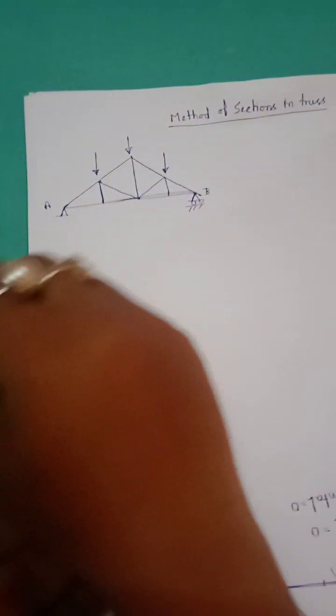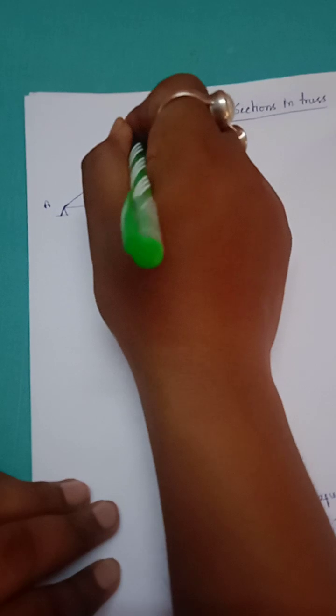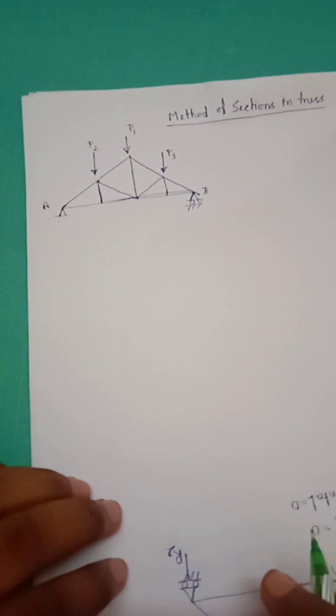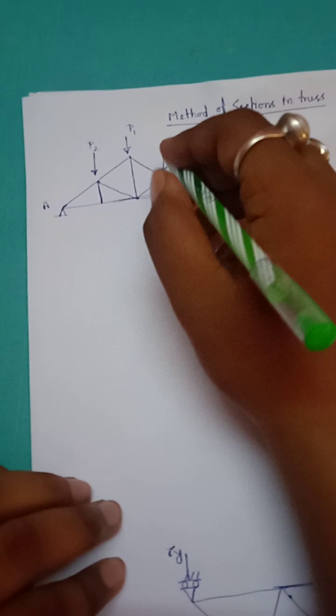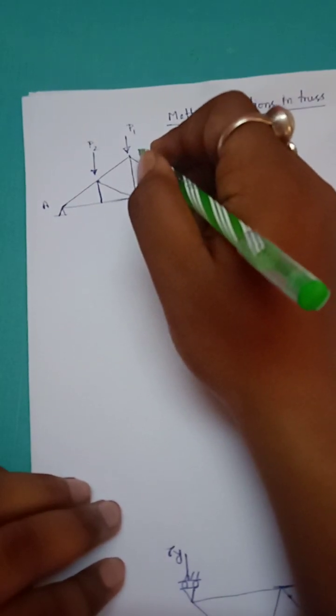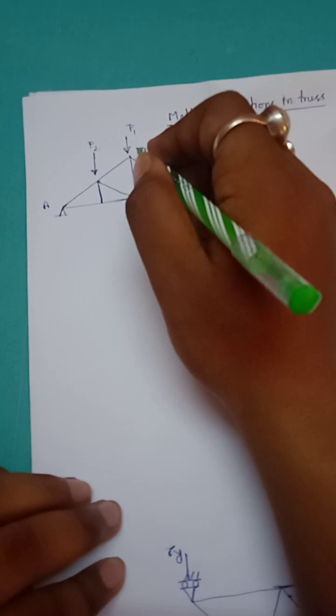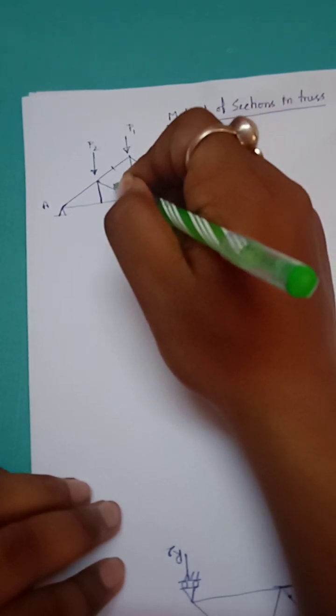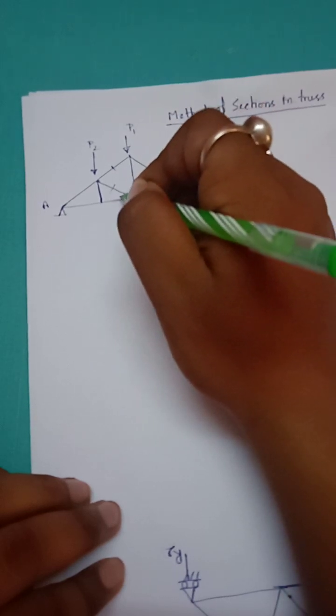A and B are supports and P1, P2, P3 are loads acting on the truss. So, suppose we need to calculate the forces in the members this, this, and this.